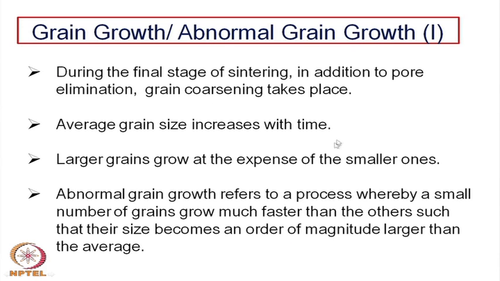Having discussed that, we now consider the so-called grain growth and abnormal grain growth phenomena. In all sintering processes, you have a stage where there is a possibility of grain growth, particularly at the final stage of sintering.